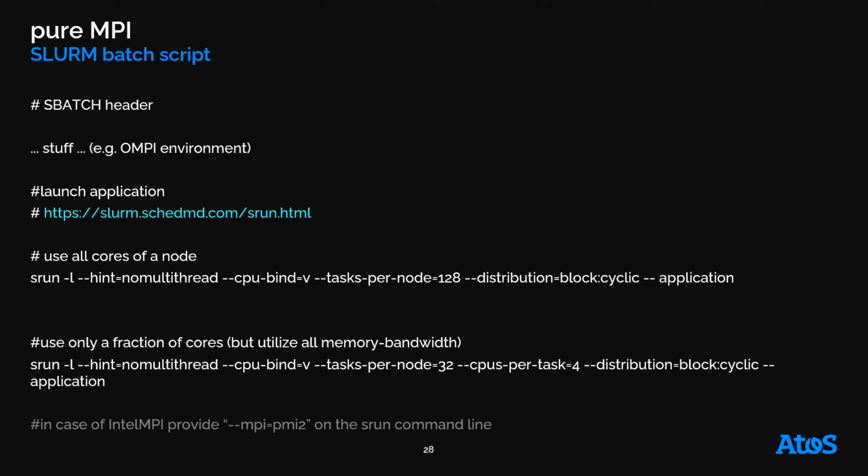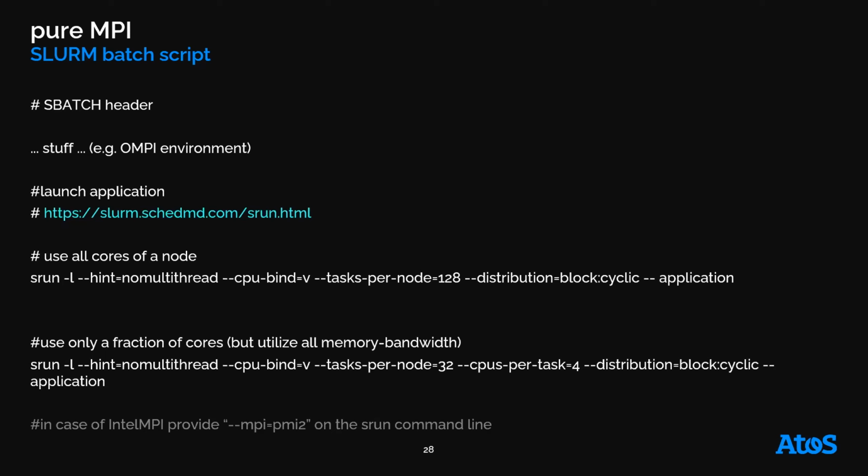In this regard, we recommend to use srun to launch your parallel applications in favor of mpirun or mpiexec, and I will only talk about srun in the following. So stick to srun.